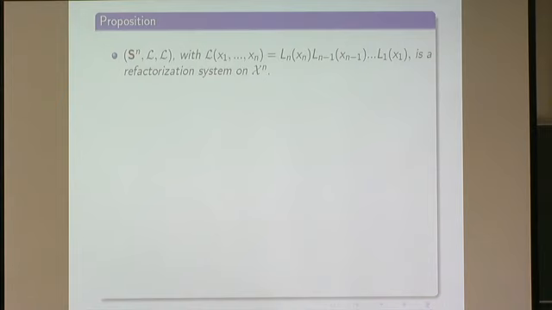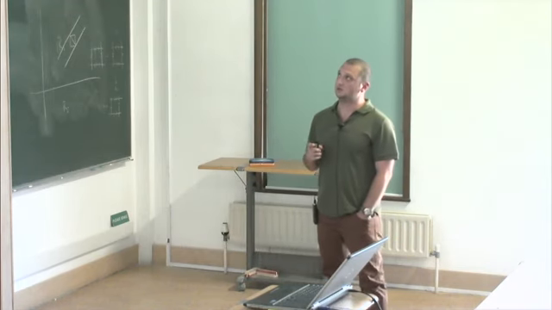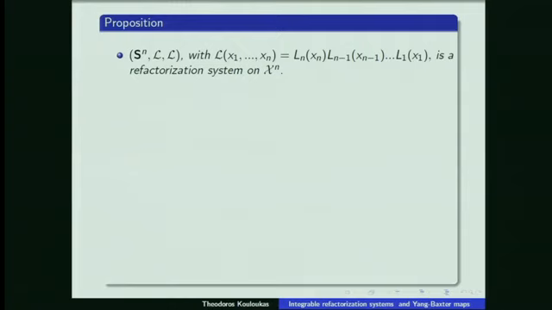First of all, Sn defines a refactorization system on Xn with Lax matrix the product of the Lax matrices L1 to Ln. That means that the refactorization equation holds also for this map here.